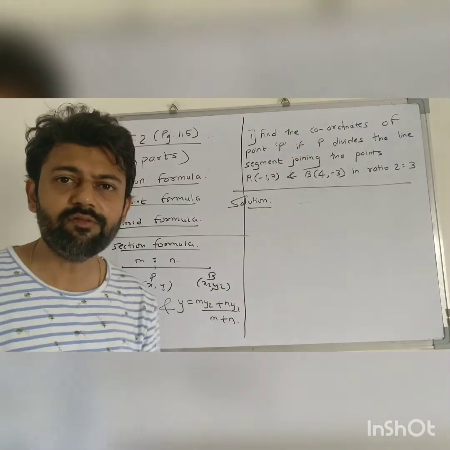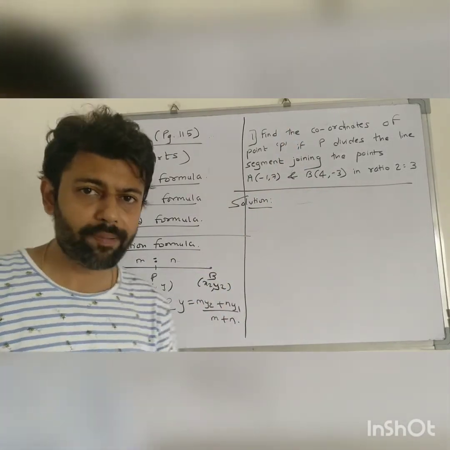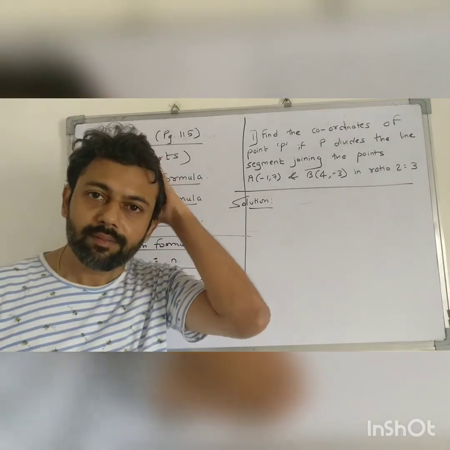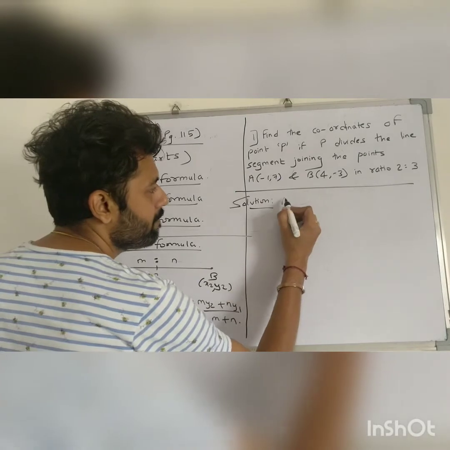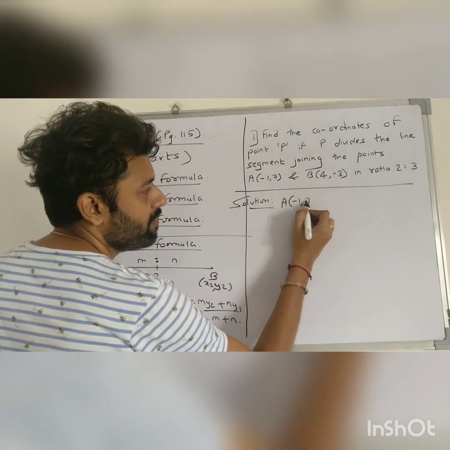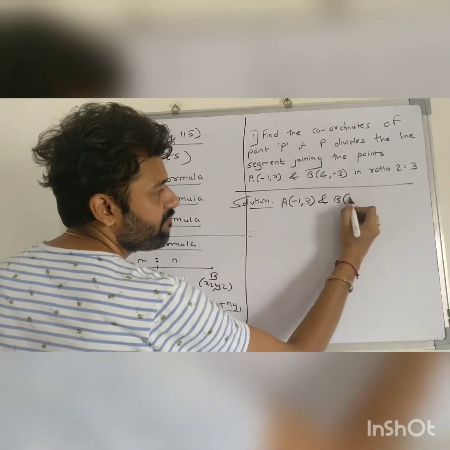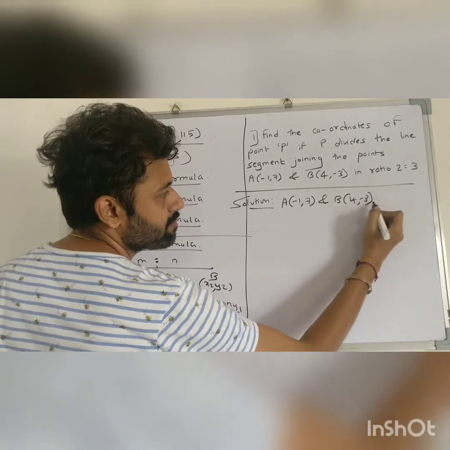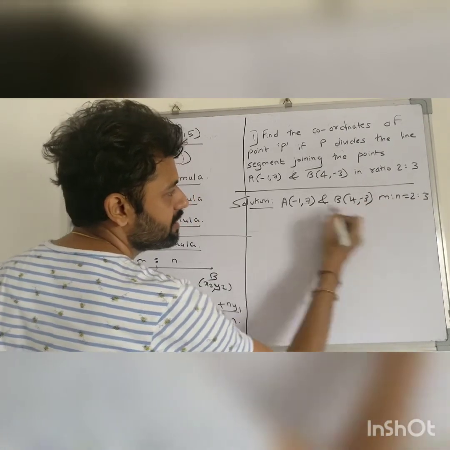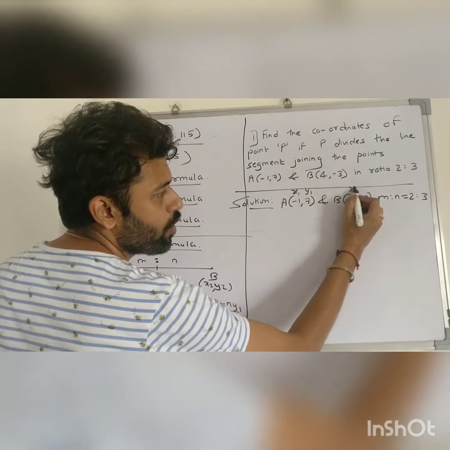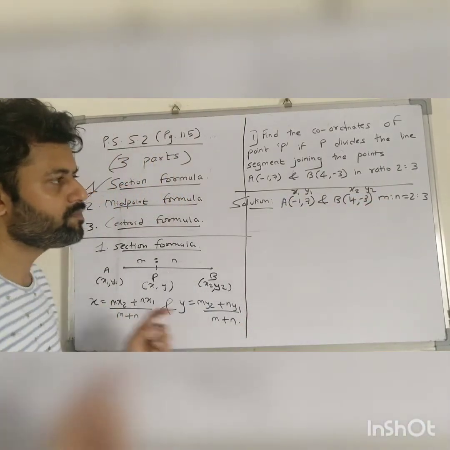This is the question which you never have to write or copy in your paper, but while solving you should write the numbers. A (-1, 7), B (4, -3), and m:n is equals to 2:3. Write x1, y1 above this, and x2, y2 above this.